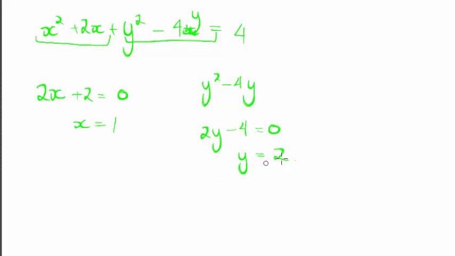Now, what this means, guys, is if I draw this circle, if I find the turning point with regards to x, and I'm making it equal to 0, I'm finding horizontal turning points. So this one has a horizontal turning point at x equal to negative 1.